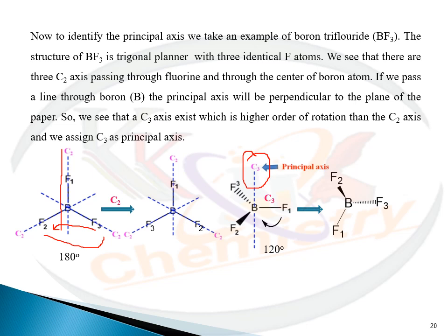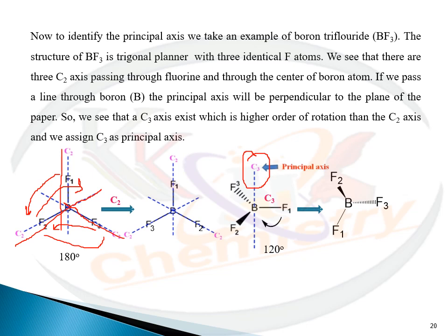Now you can also rotate this molecule this way. Then what will happen? This atom will come over here, and this will come over here. You can also rotate this molecule by applying this C2 operation. Now this F1 will come over here, and this F2 will come over here. Now if we perform C3 operation, this will flip into another orientation.